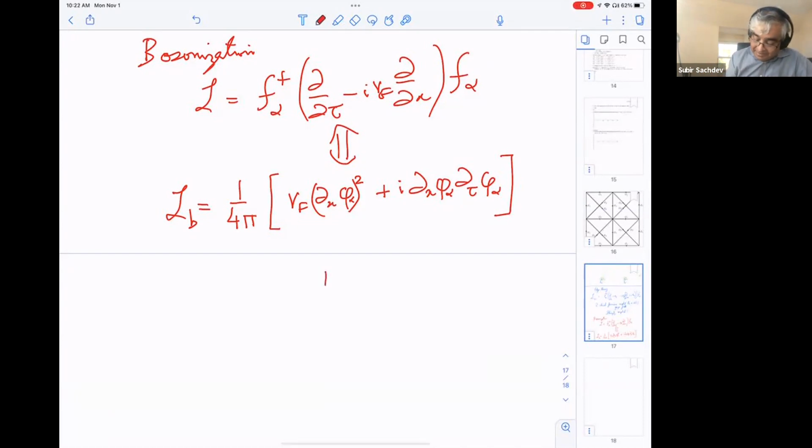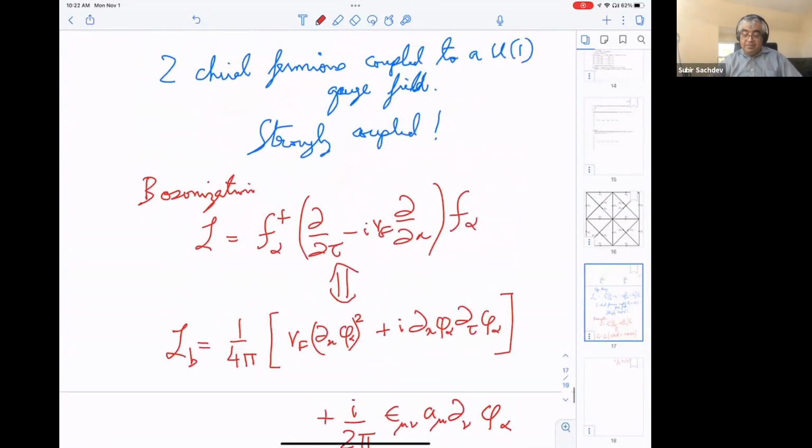Okay, so the result is that this gauge field couples to the following term: i over 2 pi epsilon^{μν} a_μ ∂_ν φ_α.